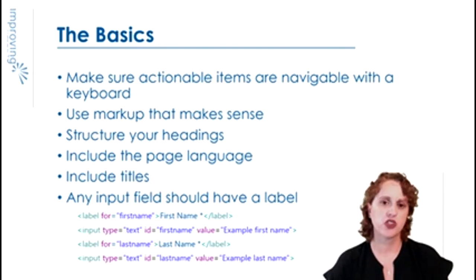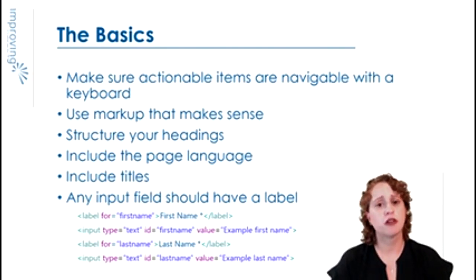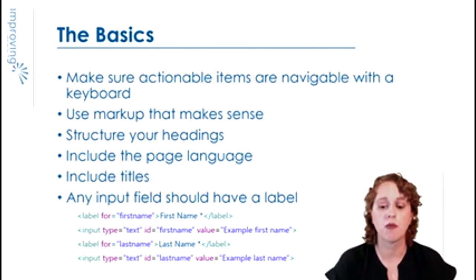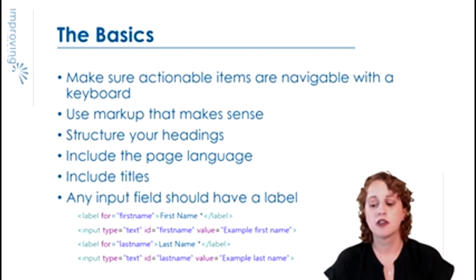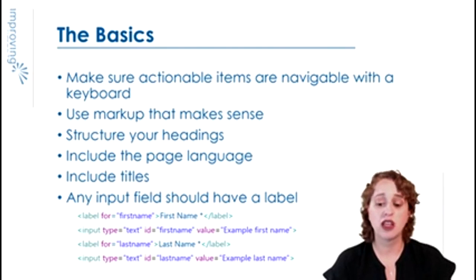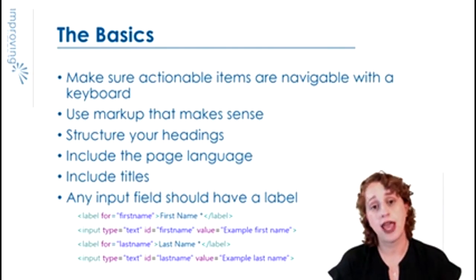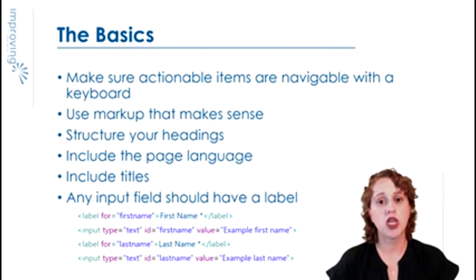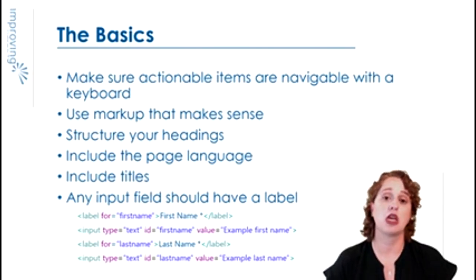So then we talked about input fields having a label. Quick and dirty example here with just standard HTML, standard proper formatting that a lot of times we forget about. So I've got a first and last name text field and then a label for them. And I can say this label for first name, it's associating that with the first name input.